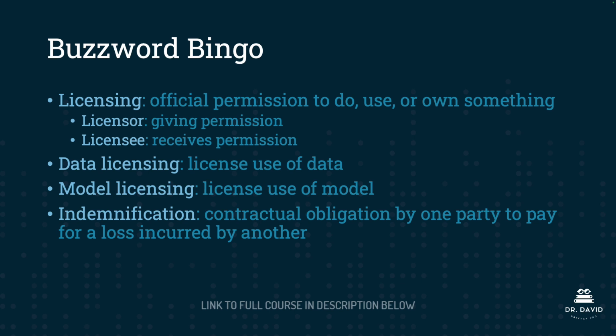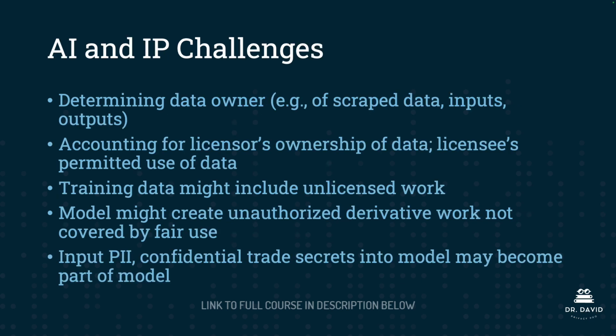And a final term here that you need to know is indemnification. This is the contractual obligation by one party to pay for a loss incurred by another. And this may come up in the context of intellectual property, as we'll see later. With regards to artificial intelligence and intellectual property, there are a number of challenges that you need to know about.